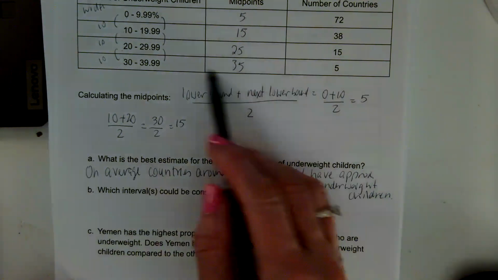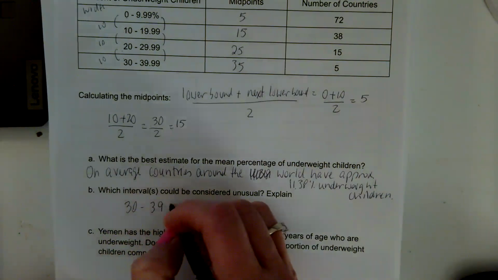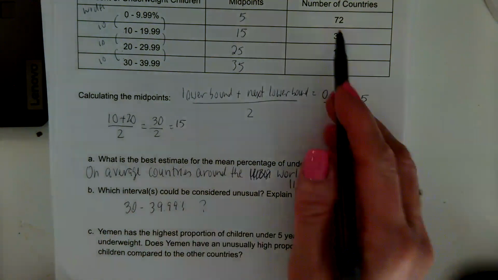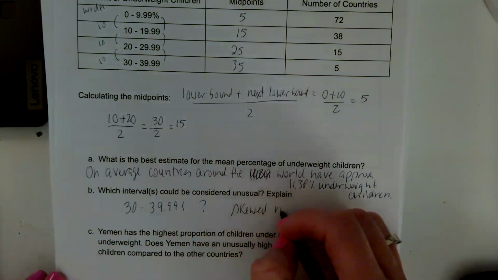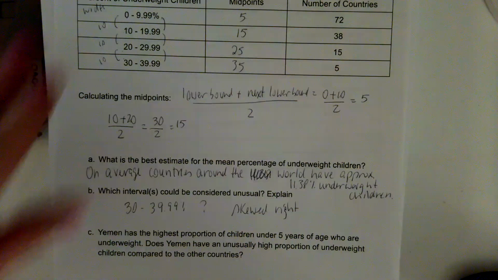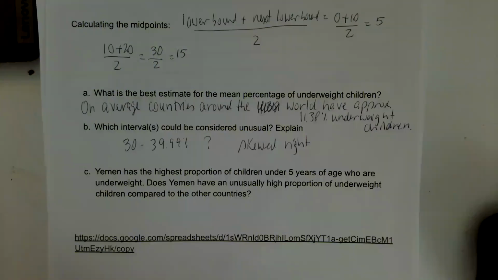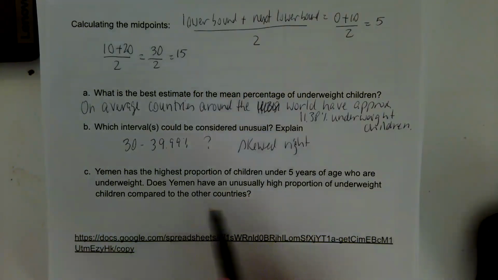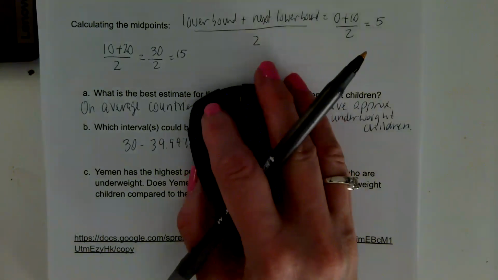So it looks like maybe the 30 to 39%. Possibly it's definitely skewed right. And so Yemen has the highest proportion of children under 5 years of age who are underweight. Does Yemen have an unusually high proportion of underweight children compared to other countries? So let's go check it out.